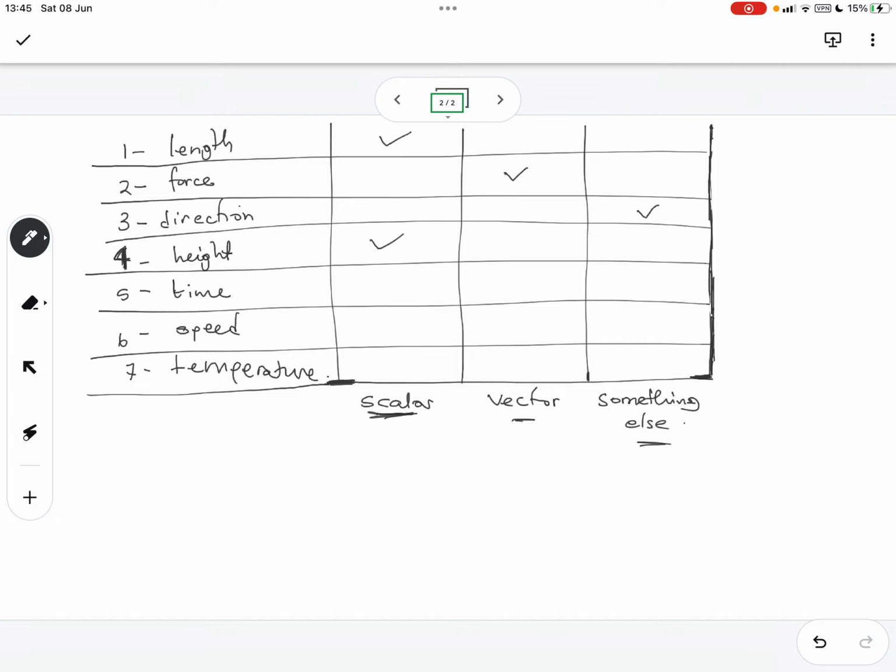So when you've measured, you get a size of something, a quantity. And because you've gotten a quantity, height cannot be something else. It is a scalar. And then what about time? Is time a vector or a scalar, or is it something else?